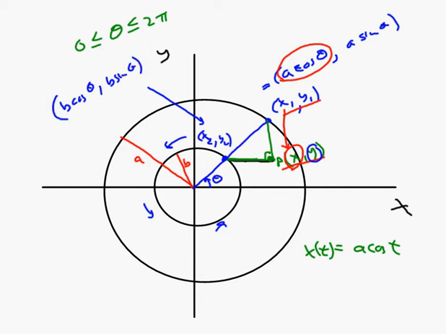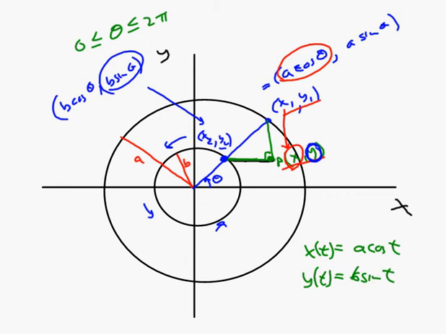Well, what do we know about point P? We know point P's y-coordinate is exactly the y-coordinate of this point, which is y2, which we just said is b sine theta. So now we have the y function of our parameterization, which is going to be b sine of t.